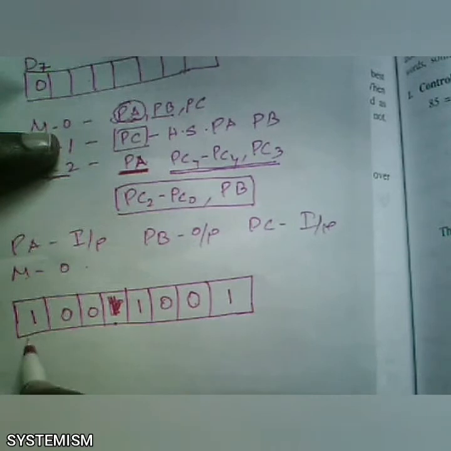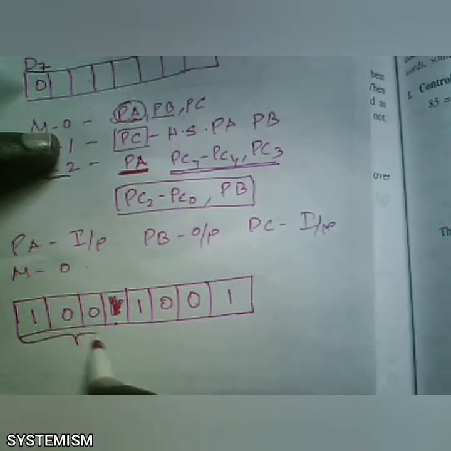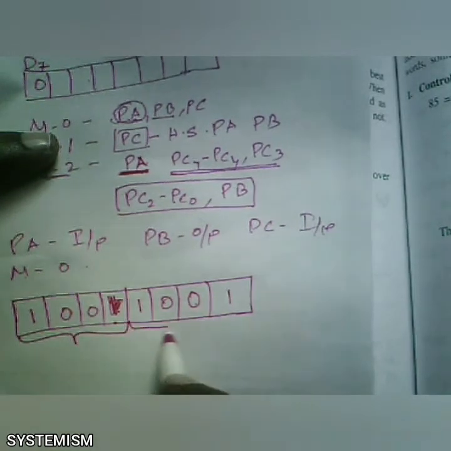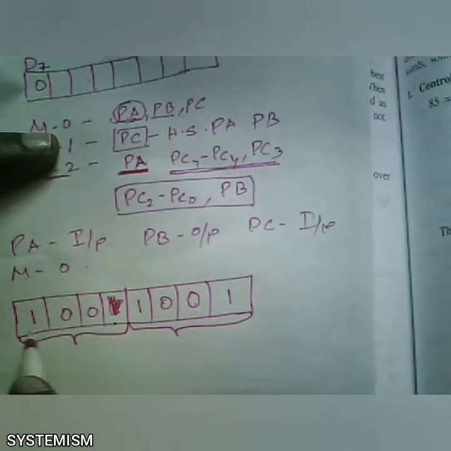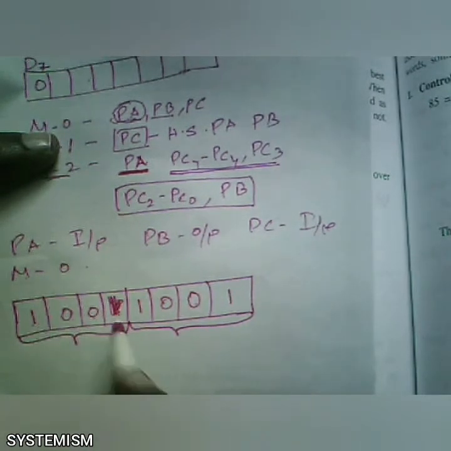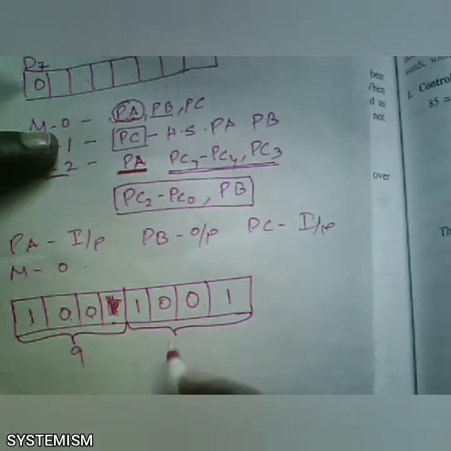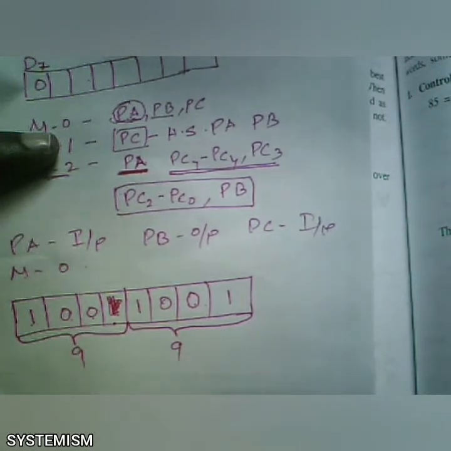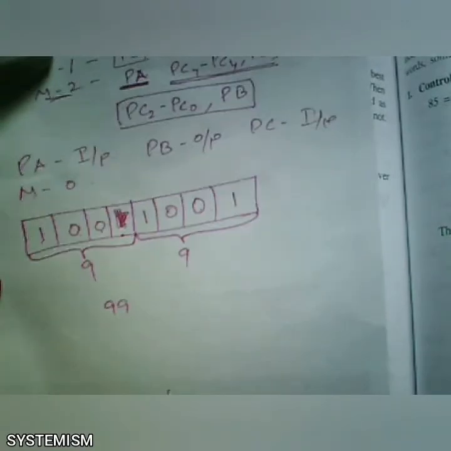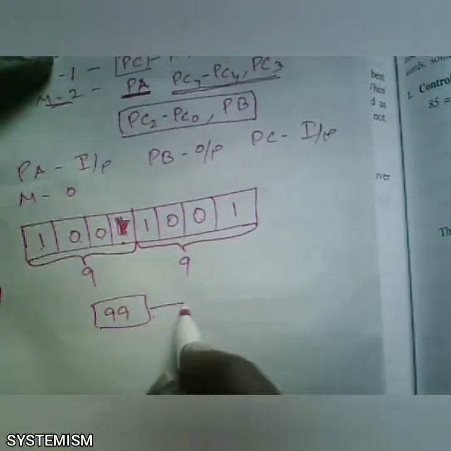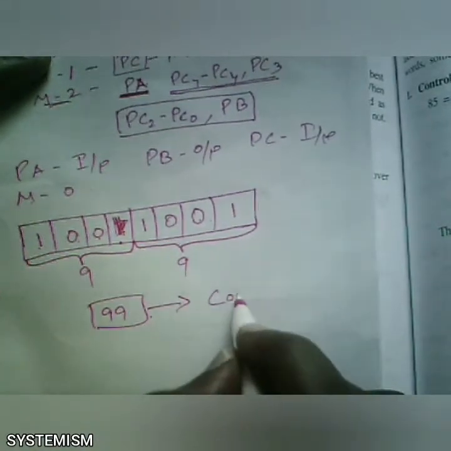Now what is the data you have obtained? 1 0 0 1 0 0 1. So I think it is 9 and again a 9. So 99 is the data to be transmitted to the control register.